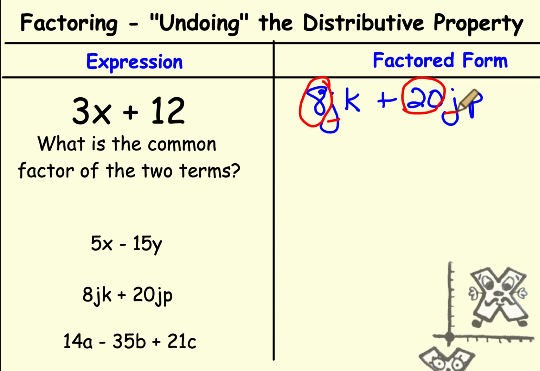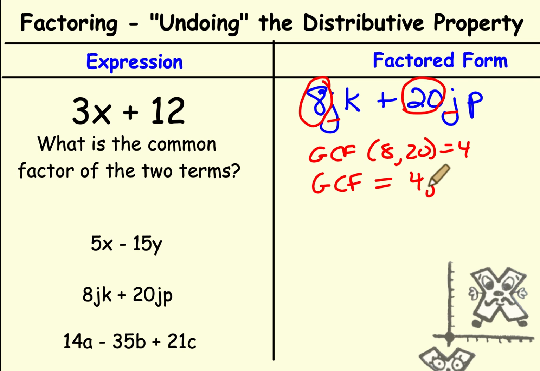So what number divides 8 and 20? That's the greatest value. So the GCF of 8 and 20 would be 4. And we see they also have a j in common. So the GCF of these terms isn't just a 4. The GCF is actually going to be 4j.